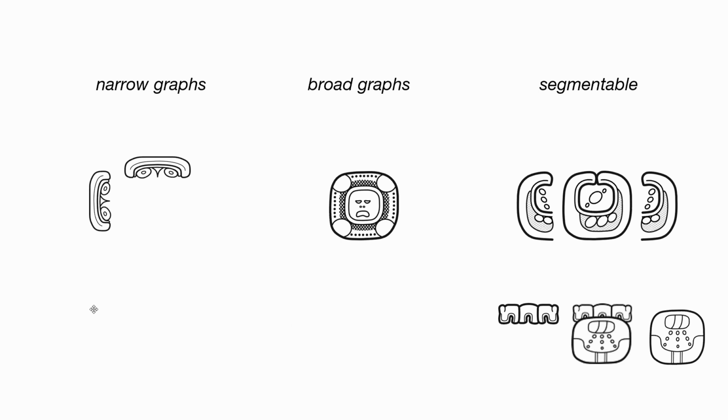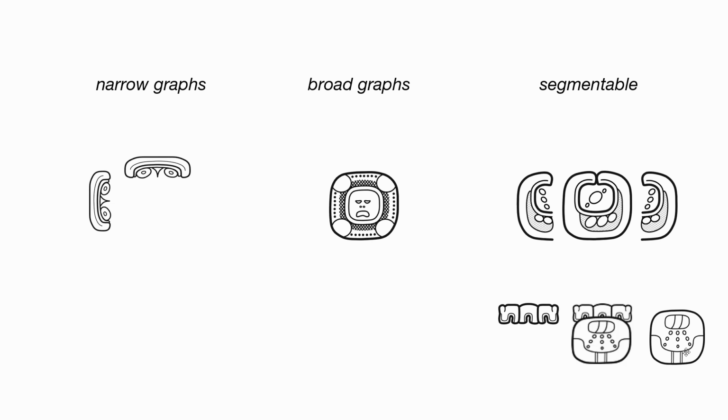But some of the elements are segmentable. It means that you can use this glyph either whole or divided, using the left part or the right part, or on the vertical level, the upper part or the lower part. So these are the basic conventions. This sign you will always find in this form.